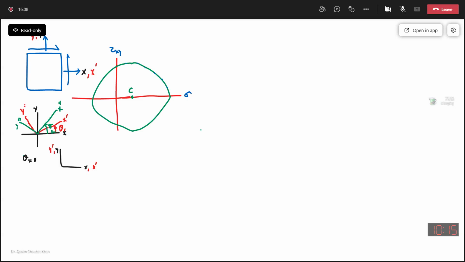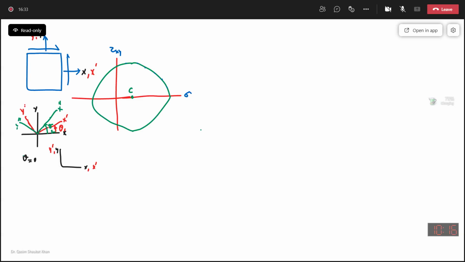You can see this theta is 0. In this case you may have other values of theta, but when x dash axis is coincident with x-axis, then your theta will be 0. Theta 0, x dash axis coincides with x-axis, y dash axis coincides with y-axis.